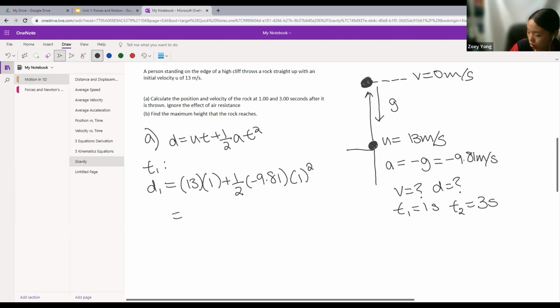If you plug all of that into your calculator, you're going to get 8.10 meters. So after 1 second, this rock travels 8.1 meters.